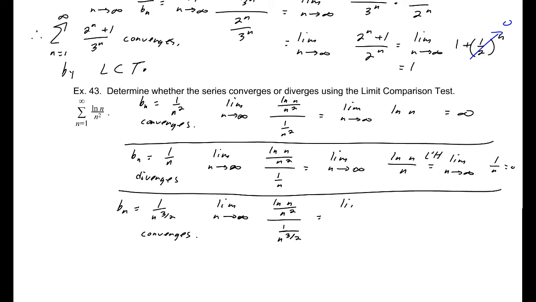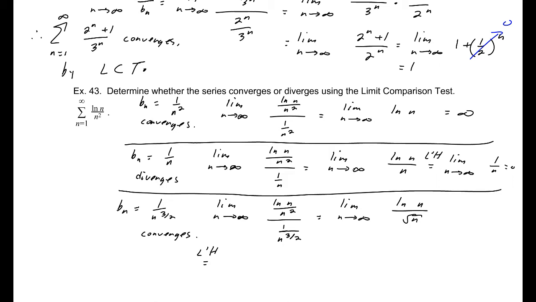That is equal to the limit to infinity of natural log of n over n to the negative 1/2, so we'll have the square root of n. All right, let's attempt to take L'Hopital's rule here, because that is infinity over infinity.